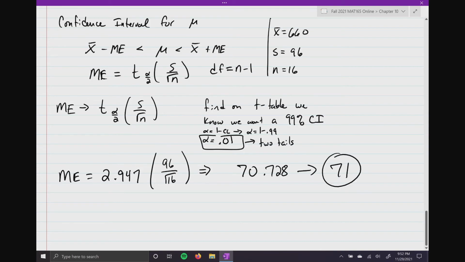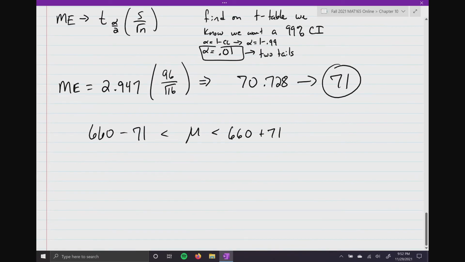Therefore, our interval is going to be 660 minus 71, which is less than mu, which is less than 660 plus 71. So 660 minus 71 is going to be 589, and then 660 plus 71 is going to be 731.